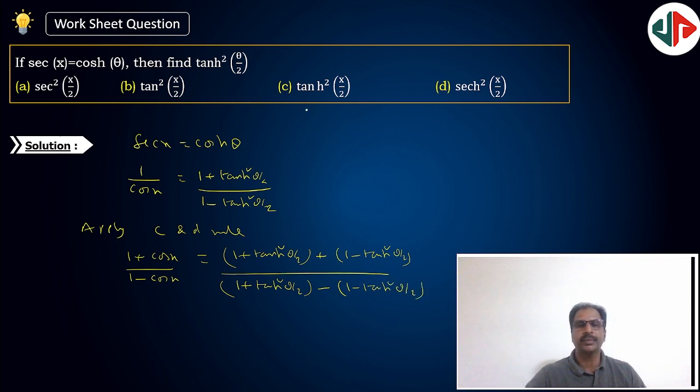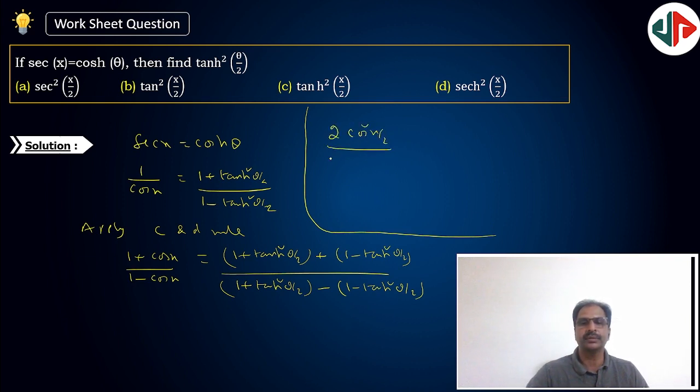So by applying componendo and dividendo rule, you get like that. 1 plus cos x from trigonometry is 2 cos square x by 2. 1 minus cos x is 2 sin square x by 2. Here these two get cancelled, here 1 gets cancelled, and 2 by 2 tan h square theta by 2.